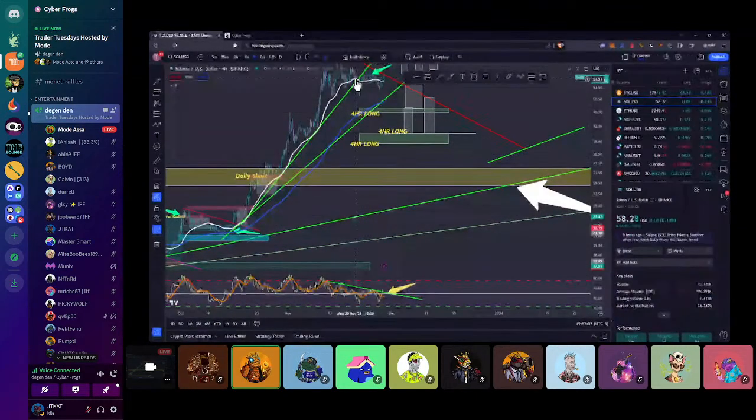We have broken this trend here when we broke the green line. We've broken this trend when we started printing and closing candles below the EMA. We started breaking this trend. We started losing support on neutral on the RSI. So this trend has ended. That does not mean we are going in a downtrend.